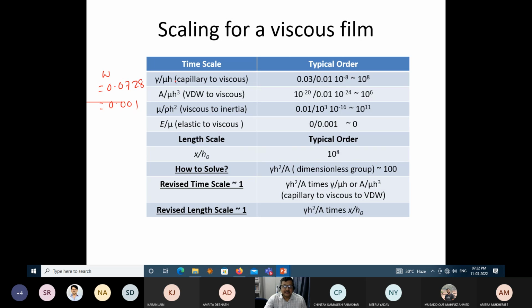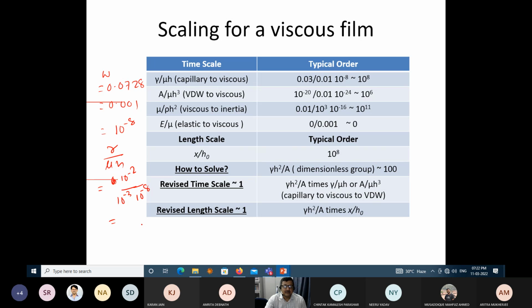And what is the film thickness? 100 nanometer means about 10 to the power minus 8, right? So if I calculate gamma by mu h, what is the number that is coming? Gamma is how much? Let me just take the order of magnitude, 10 to the power minus 2, right? Mu is 10 to the power minus 3, right? And h is 10 to the power minus 8, right? So this is how much?